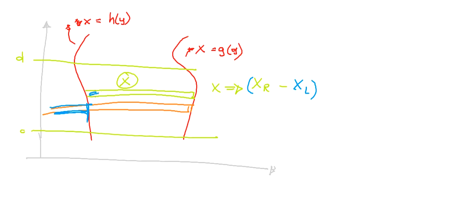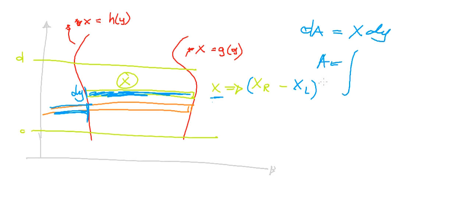Then we can compute the length of this x. Therefore, our area is just length times width. We have dy, so the area is equal to the integral from point C to point D of x, which is the right curve minus the left curve, dy.